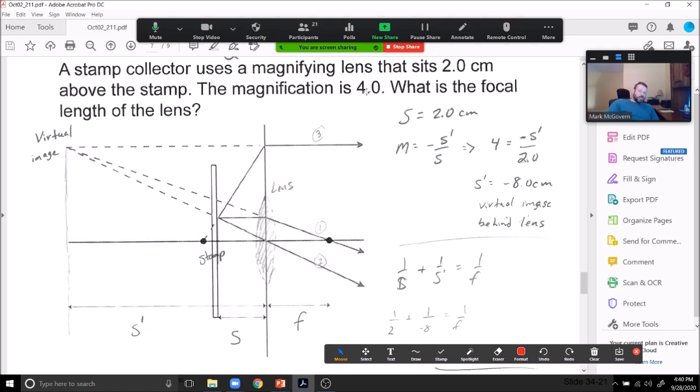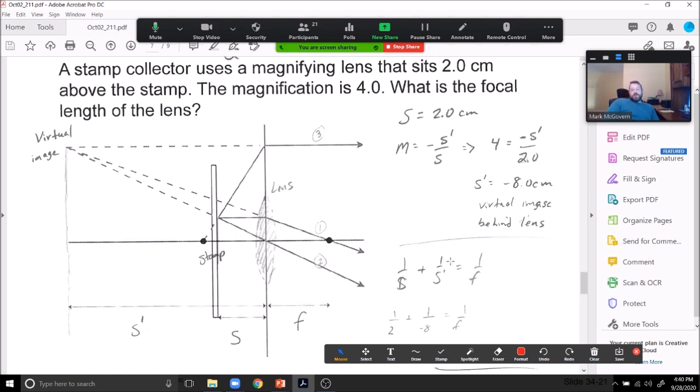If it's a magnification of 4, that means two things: that's how much farther away it is, and that's how much larger it is. So we end up with 8 centimeters for our distance, and it is going to be a negative value, so it is a virtual image, and it's way back here. It's 4 times further away and appears 4 times larger.